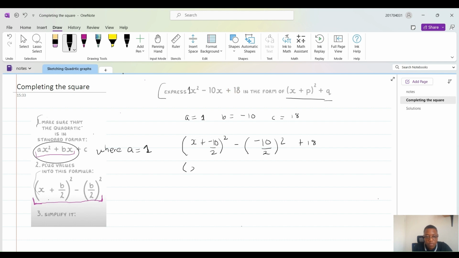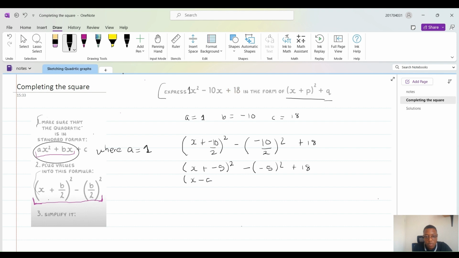So what we're going to have is x plus negative 10 divided by 2 is simply negative 5. Put back the square minus, here it's negative 10 over 2 will give us negative 5 squared. Then we just bring back the 18, right? Then we just simplify further.